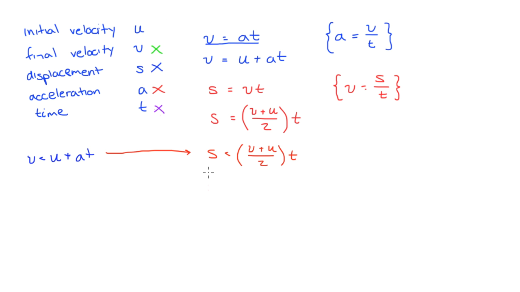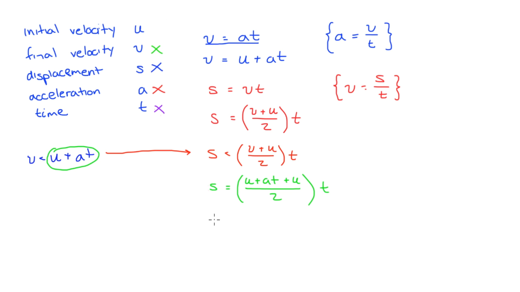And so by doing that, we take this instead of v, and S is equal to u plus at plus u over 2, and that u comes from up there, and the 2 obviously, and then multiply that all by time.